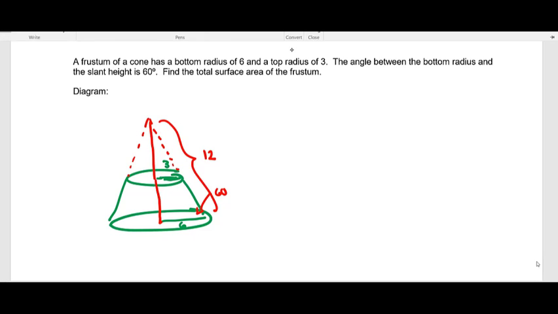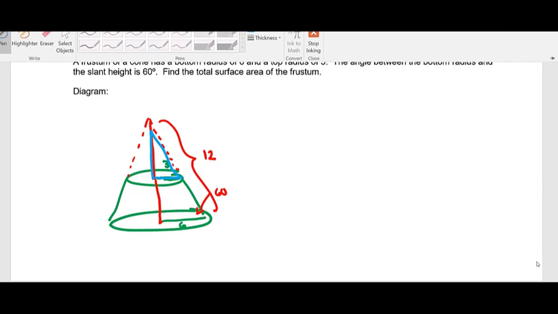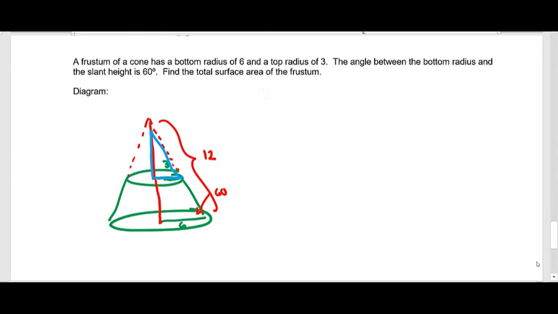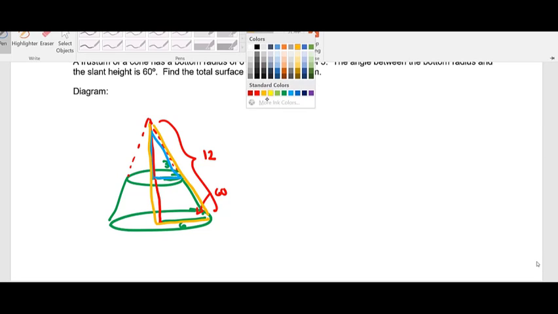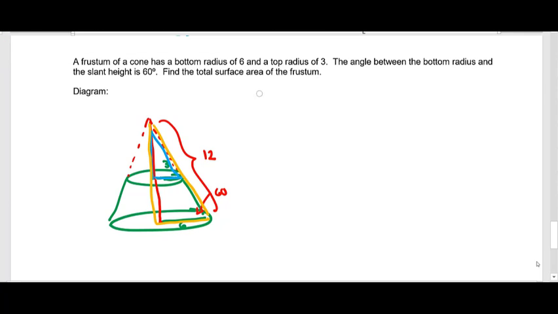And I can also see here that I have similar triangles. I have a triangle here, and I have the entire triangle all the way like this. So my blue triangle and my orange triangle, they are similar to each other. And I know that this part and this part are in the ratio 1 to 2.